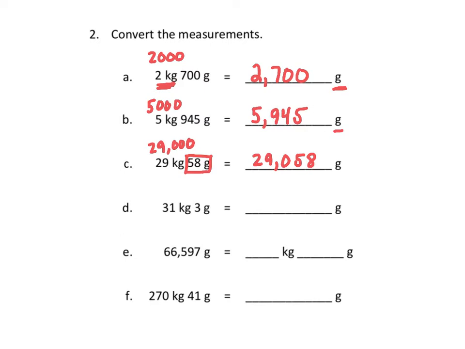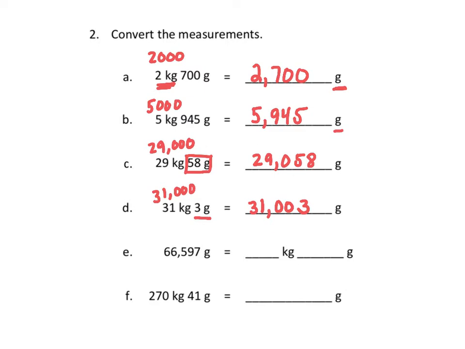We're going on to letter D. We have 31 kilograms, which we multiply by 1,000 to get 31,000. We have 3 grams left over that we need to add on. So we have 31,003 grams.